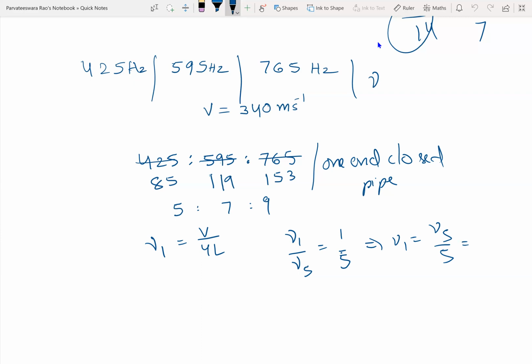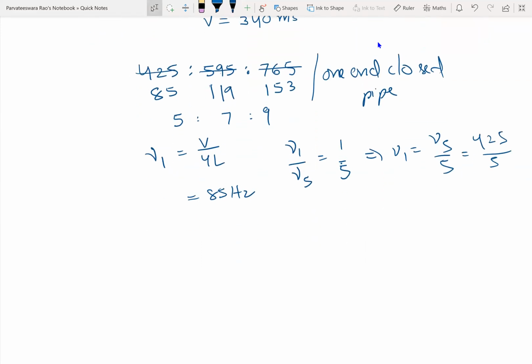So is it 17? No, 425 by 5, sorry. So the fundamental frequency should be 85 hertz, correct? Then you want the length. So V by 4 nu 1.